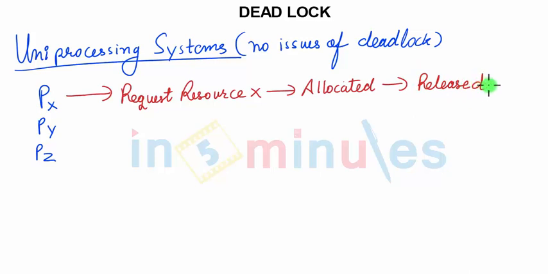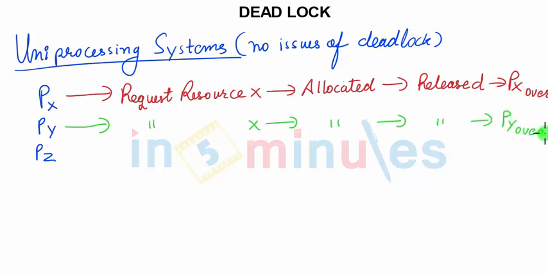Fairly simple. Only after process X is over does the next process PY enter the system. It will again repeat the same thing, that is, request a resource. Let's say this time again resource X. It is allocated, it is released, and PY is over. Then the next one will enter.